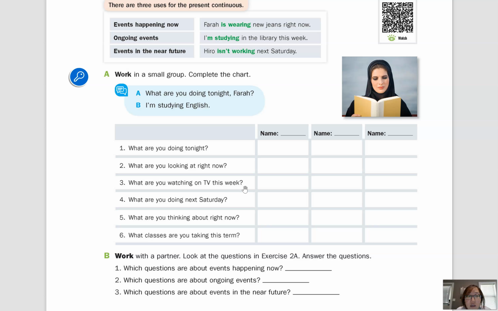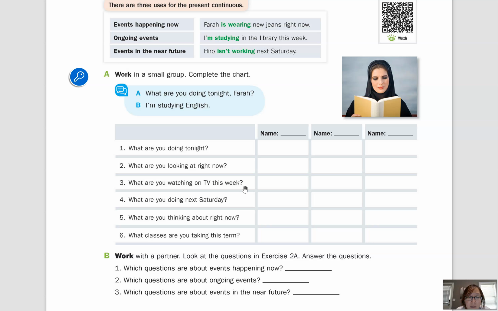So maybe you started a new series on Netflix, and maybe you started watching it on Sunday. And if today is Thursday, then maybe you've watched it 3 times so far, the first 3 episodes, and maybe there are 8 episodes. So you started it and you are still in the process of watching it. So it's an ongoing event.